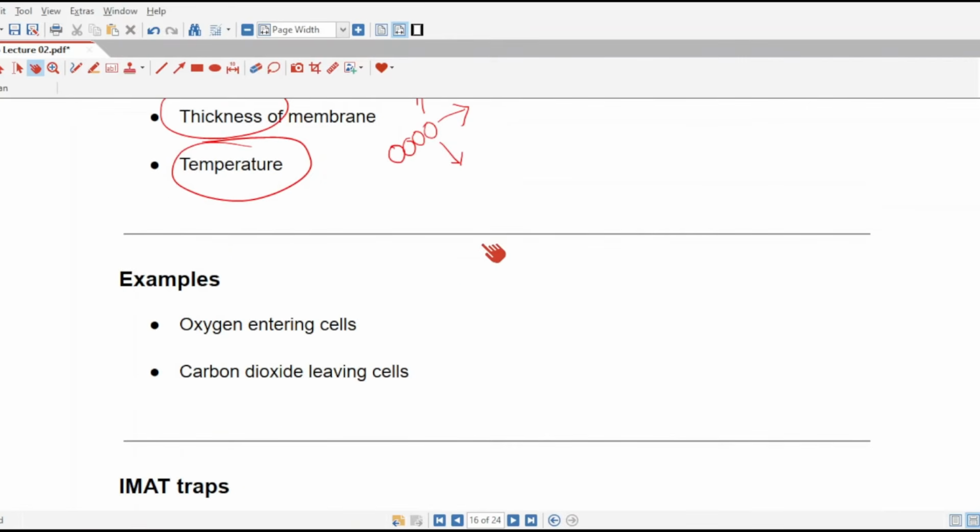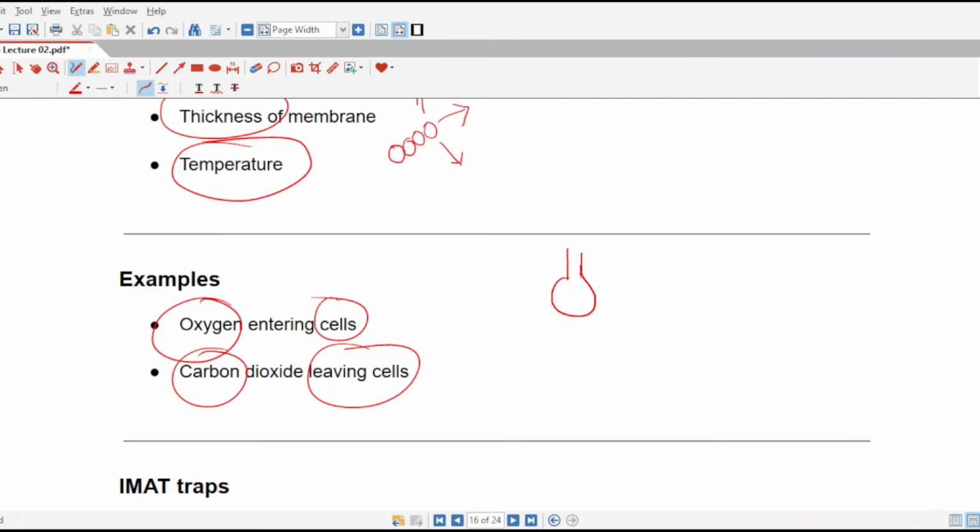Okay, so there are some high yield examples. Let's say oxygens are entering cells. So this is diffusion process. On the other hand, carbon dioxide leaving cells, this is also diffusion process. Let's consider that inside lungs you have alveolus. Let's draw an alveolus, and alveolus surrounds some blood vessels or capillaries.